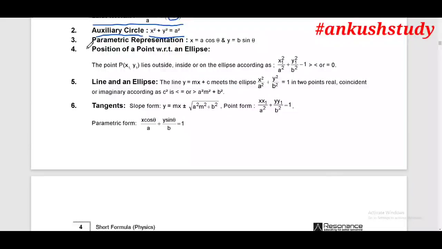Okay, so now the next formula is parametric representation. X is equal to a cos theta and y is equal to b sin theta.